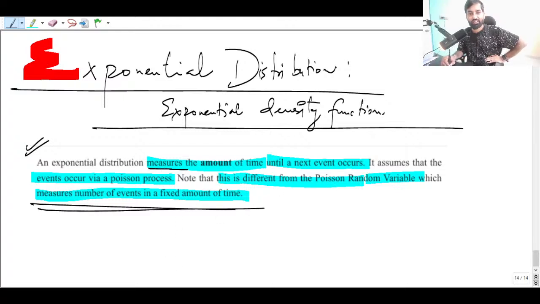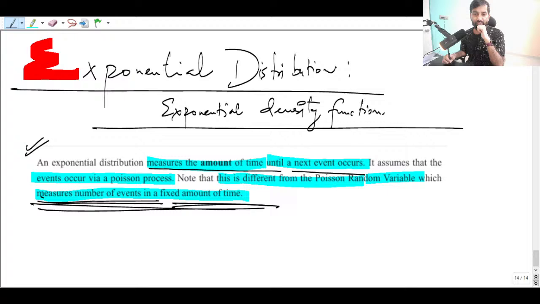One measures the amount of time until the next event occurs, and the other measures the number of events in a fixed amount of time, right? Okay, so now what is the notation for the exponential random variable, right?